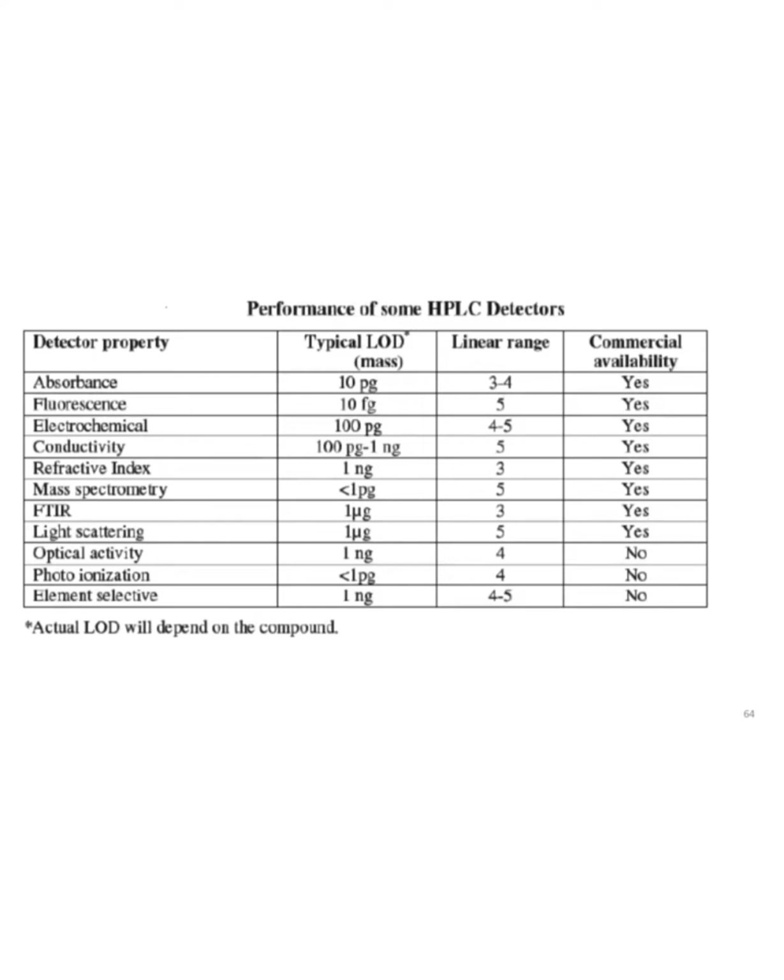So here, this is for the performance of HPLC detectors. Different detectors are used depending on the samples. The detector properties include absorbance, fluorescence, electrochemical conductivity, refractive index, mass spectrometry, FTIR, light scattering, optical activity, photoionization.